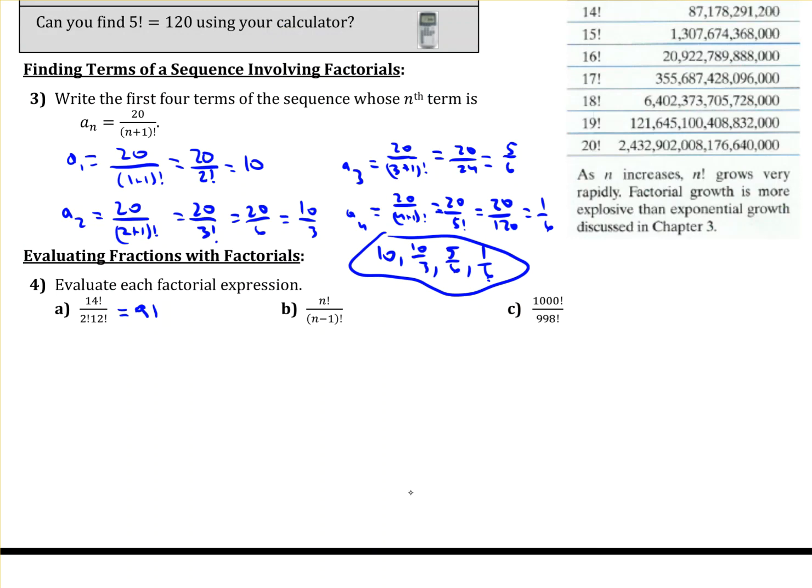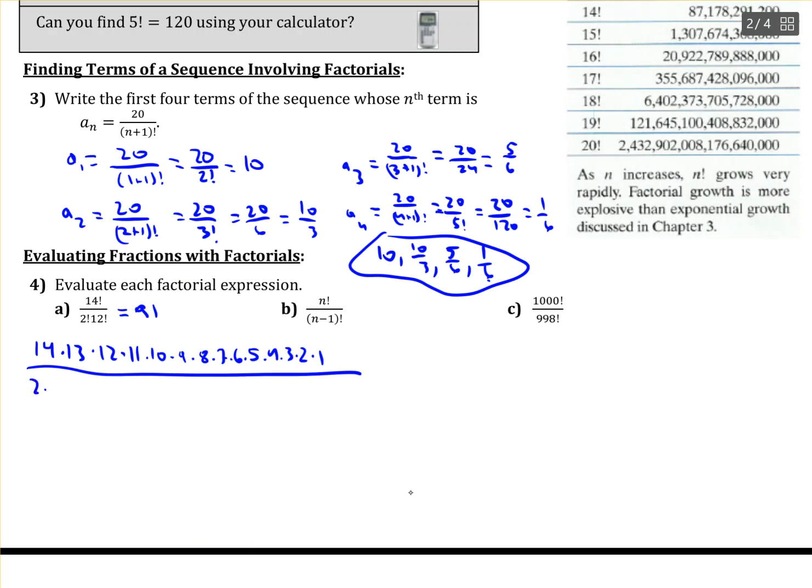Now, you might look at it and say, well, 14 times 13 times 12 times 11 times 10 times 9 times 8 times 7 times 6 times 5 times 4 times 3 times 2 times 1 over 2 times 1 times 12 times 11 times 10 times 9 times 8 times 7 times 6 times 5 times 4 times 3 times 2 times 1.